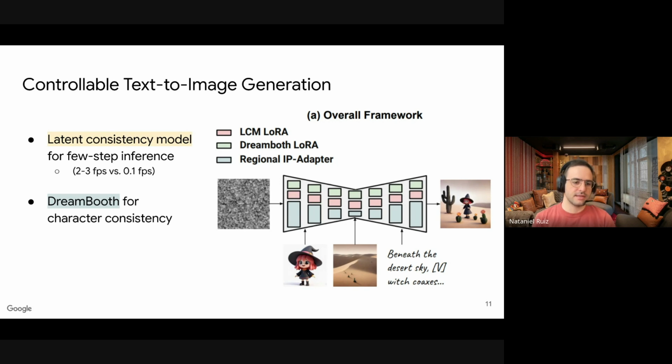So next, we use Dream Booth for character consistency. We realized that character consistency is extremely important, because if your character is changing appearance from frame to frame, then it really breaks the game. It makes it horrible, and you don't want to play. So it's really important to have perfect character consistency.